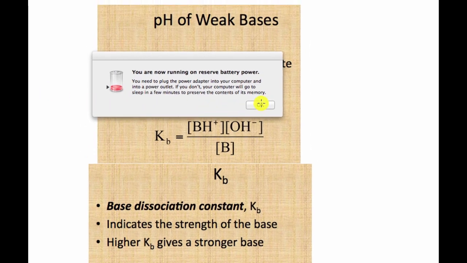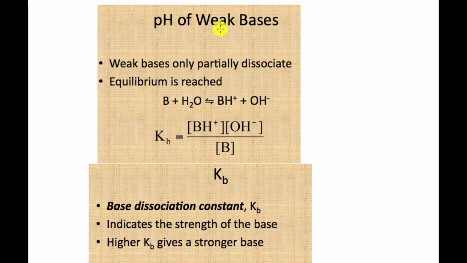All right. So what that leads us with is, I guess I better hurry up. What that means is we're going to have the pH of weak bases, and that's going to give us the same thing we did with our acids. We're going to write the equilibrium expression where B is any of the weak base. So B could be ammonia, B could be fluoride, nitrite, any of the ions.